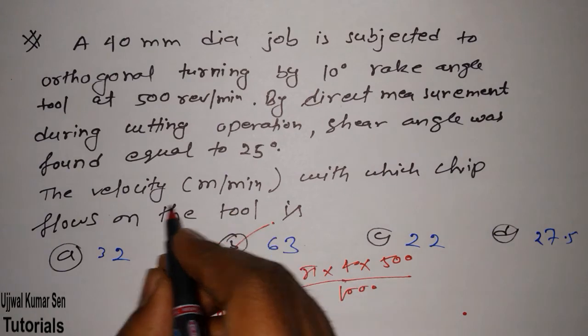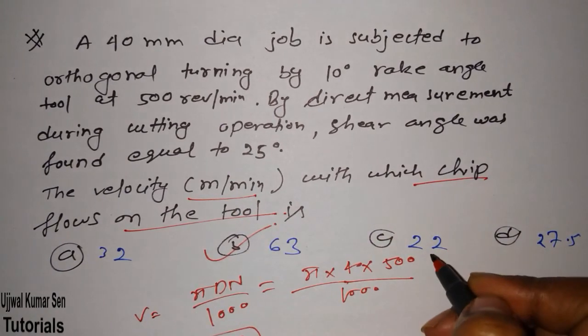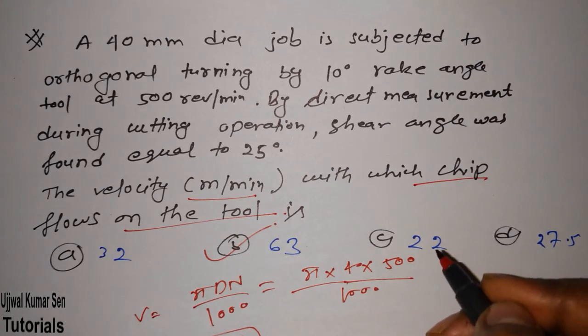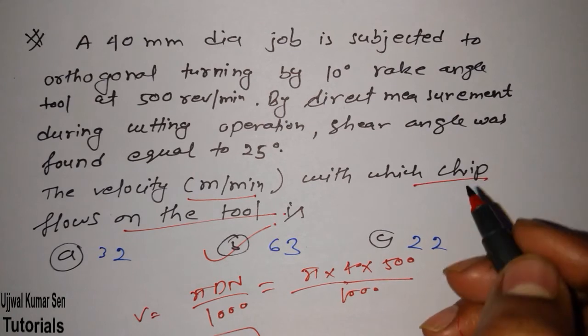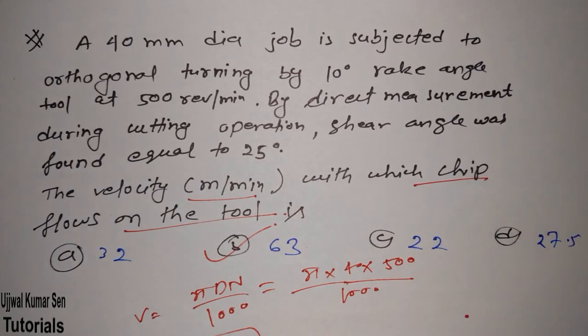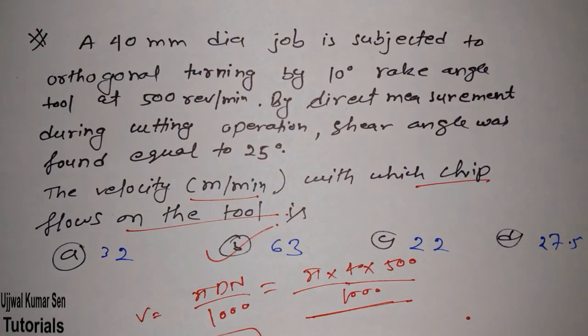But here what is being asked is the velocity with which the chip flows on the tool. That means we have to find the velocity with which the chip flows on the tool.